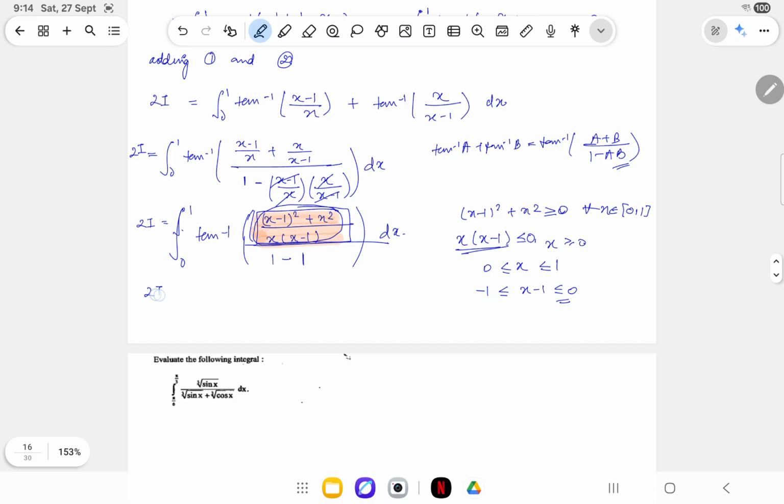So my 2i will be equal to 0 to 1 tan inverse of negative infinity, not infinity. Don't make that mistake in the exam hall. Always check the sign. Tan inverse of minus infinity is minus pi by 2. So it will be the integration 0 to 1 of minus pi by 2 dx. So from here we'll get our I as minus pi by 4.